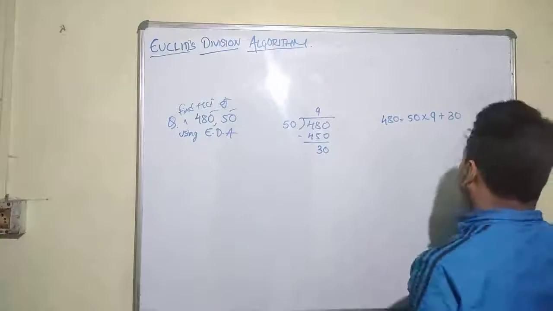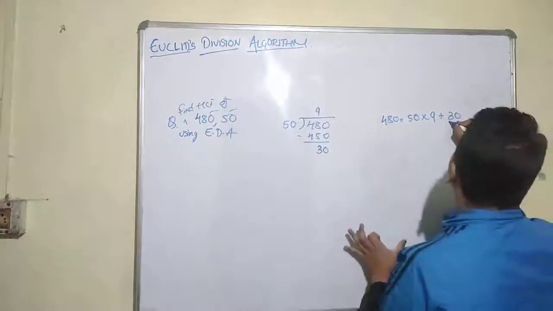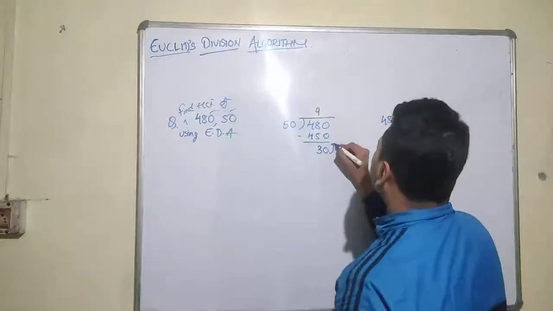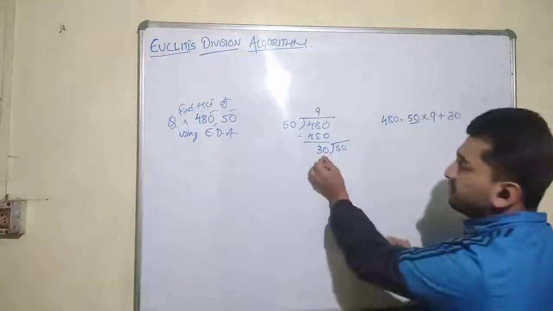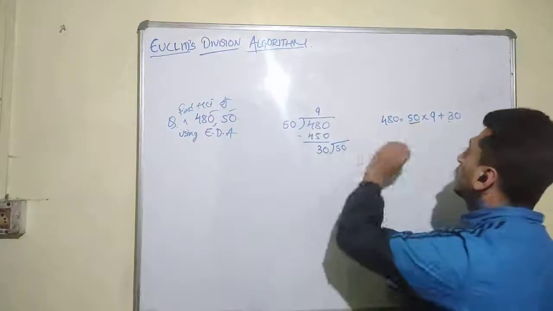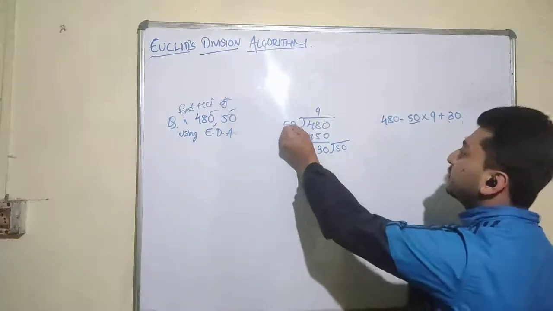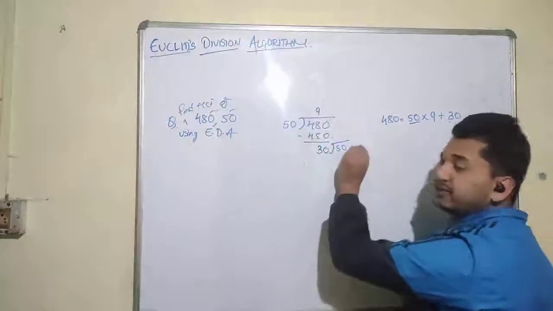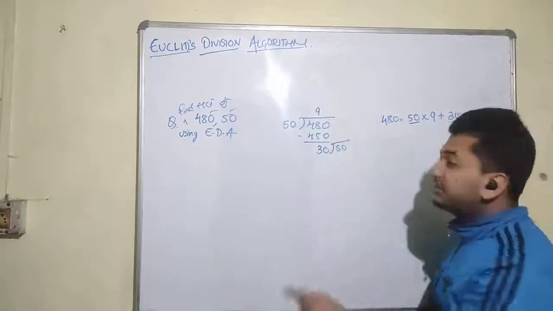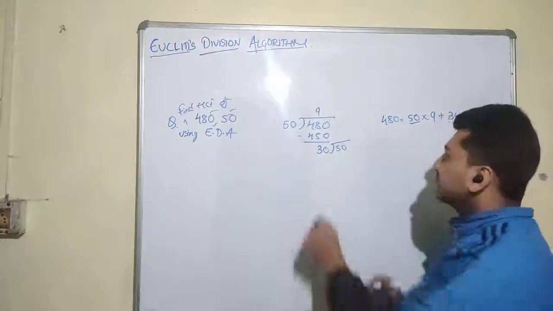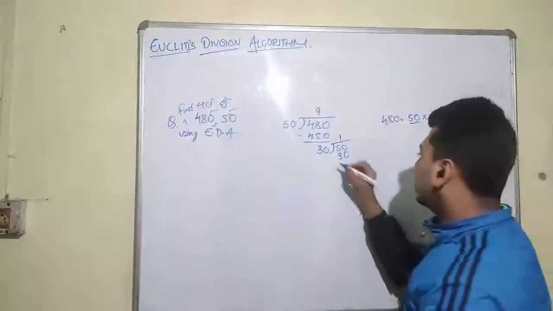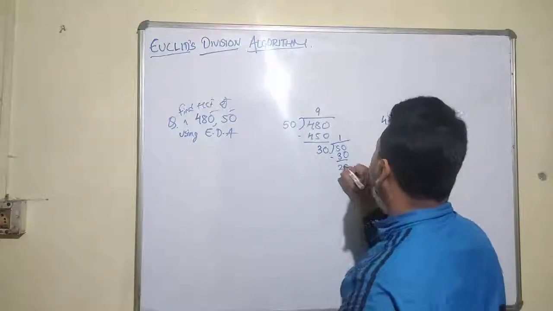Now the divisor of the last division becomes the dividend in the next step, and you will divide by the remainder left. So 30 times 1 is 30, and we have got 20.